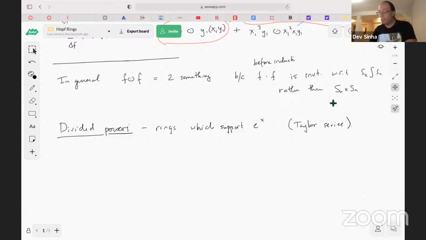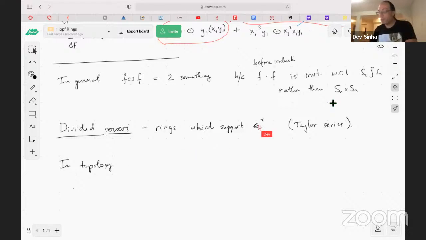In topology, probably the first example, they come up with, again, some symmetric groups. I mean, in e to the x, n factorial is the order of the nth symmetric group, which is part of the definition.